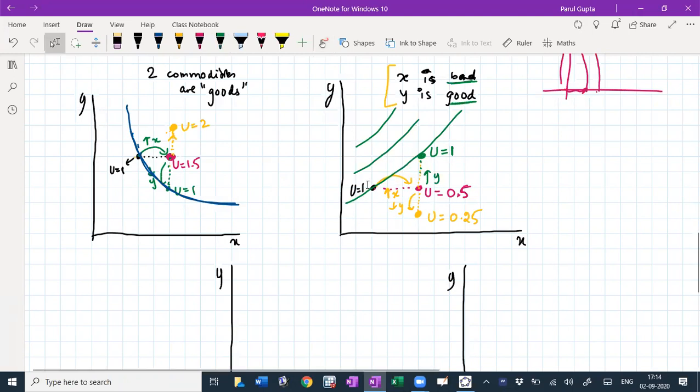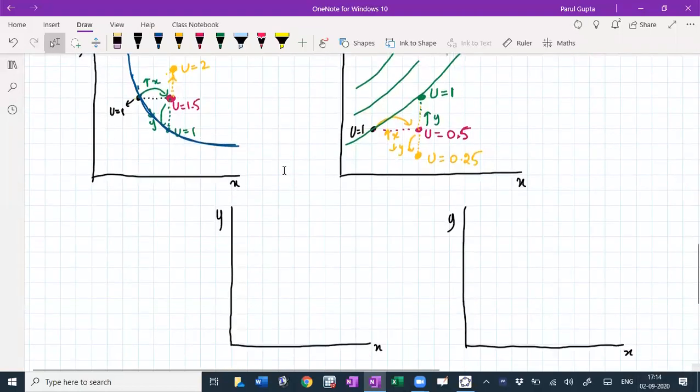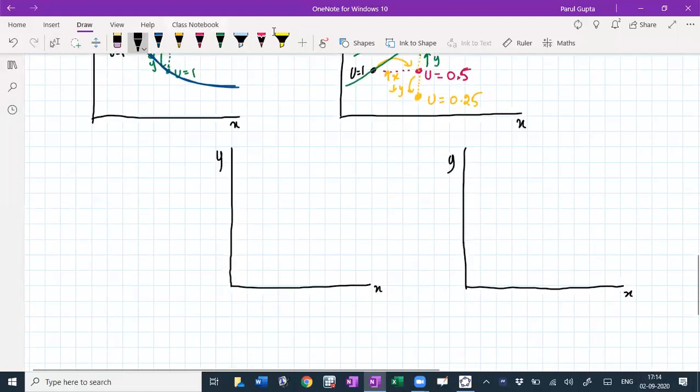Similarly, now can you try it out for the opposite case, similar but opposite, when we have y as a bad and x as a good. Just take a minute and try to do this kind of intuitive exercise and tell me what shape the indifference curves will have with this combination of commodities.